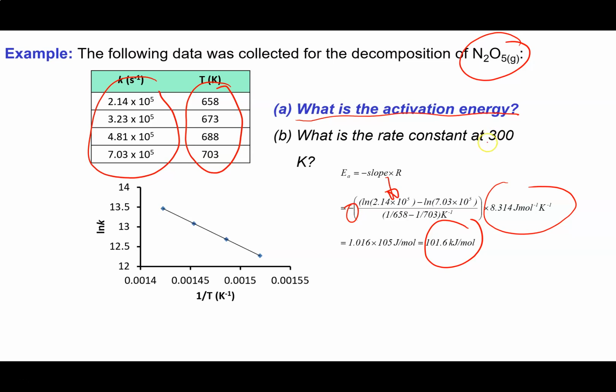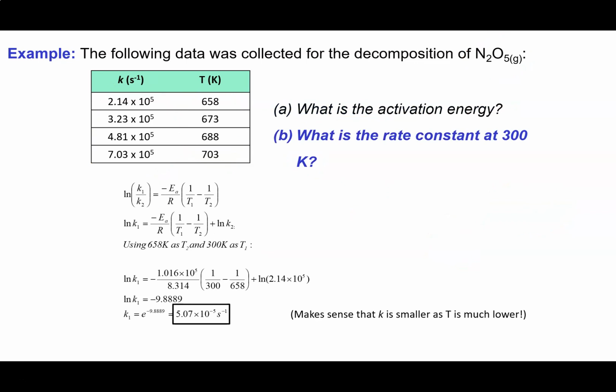Now this is where we get to use the 2-point form of the Arrhenius equation. It says, what is the rate constant at 300K? So I'm going to use the 2-point form: log of K1 on K2 is equal to minus EA on R, which we just solved for, multiplied by 1 on T1 minus 1 on T2. I have a couple of options here.